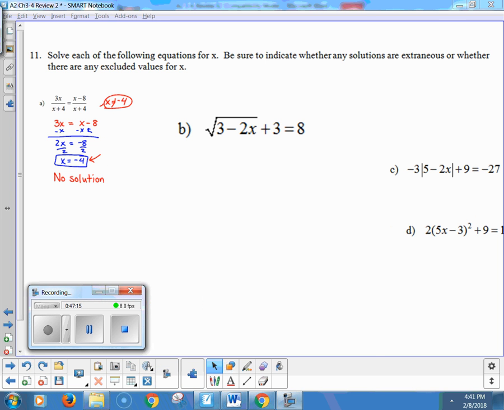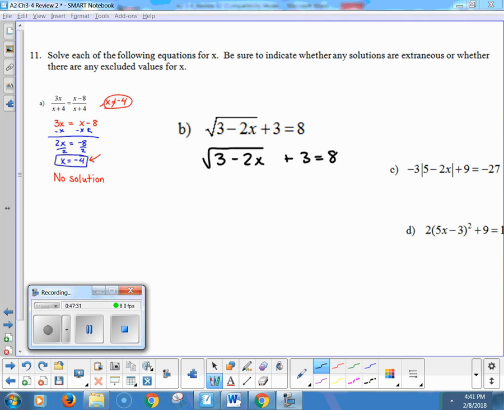Problem B. Well, we're solving a problem involving square roots, so we've got to be careful to make sure that any x value we get doesn't make the inside of that square root a negative number. All right, so we have the square root of 3 minus 2x, plus 3 equals 8. We blindly go forward and subtract 3 from each side, and we get 5.